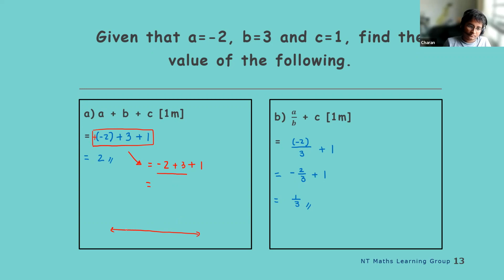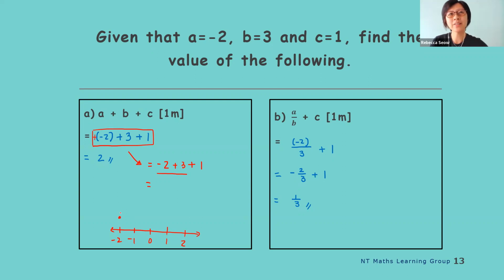How do you get 1? It's 3 minus 2, that's one way we can look at it. Or we could start at -2, and if we add 3, it would be 1, 2, 3 units. So we'll end up at 1. So 1 plus 1, which is 2.